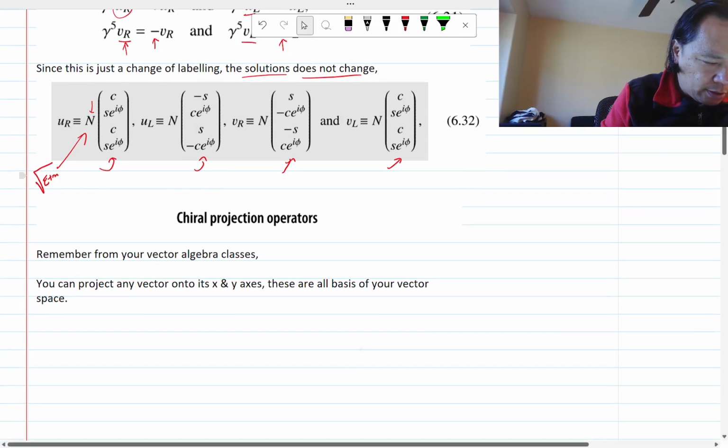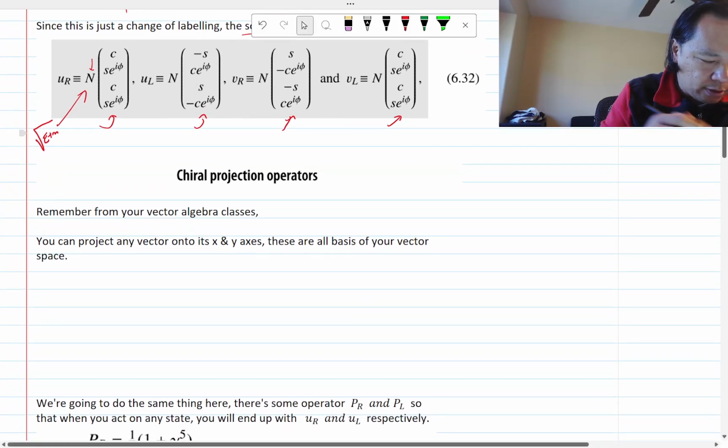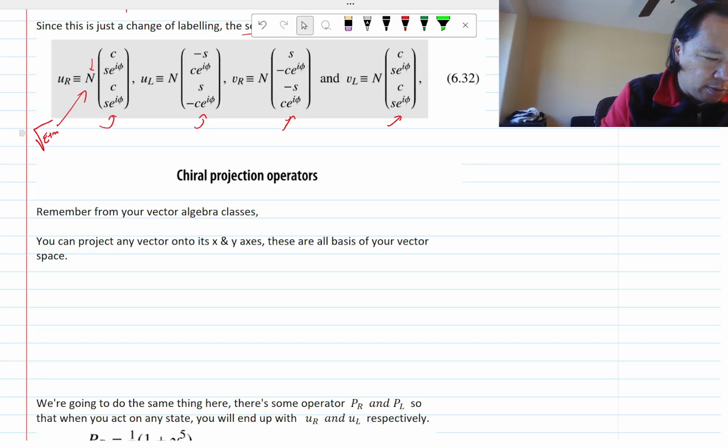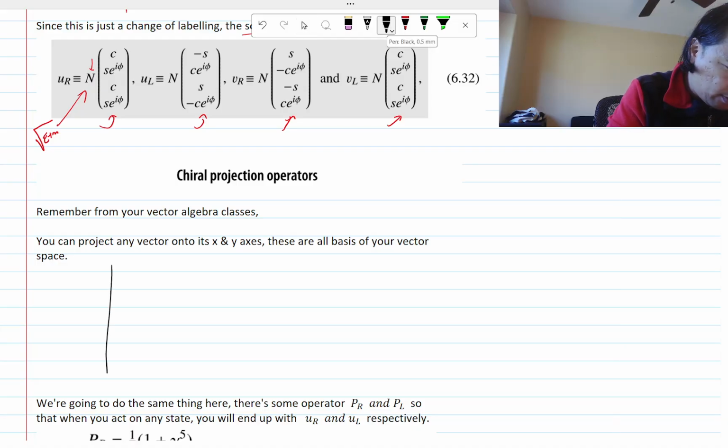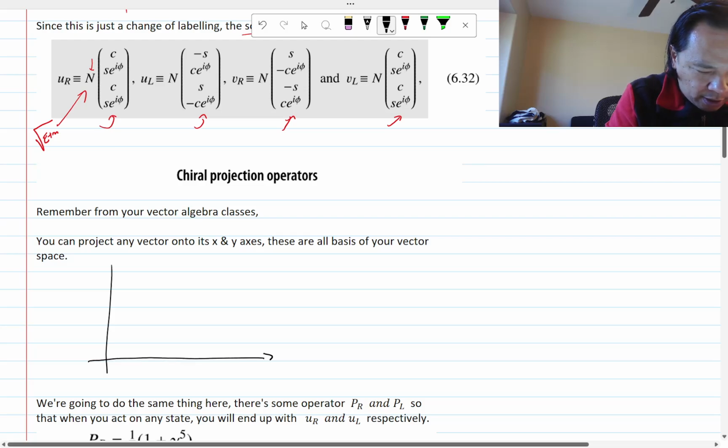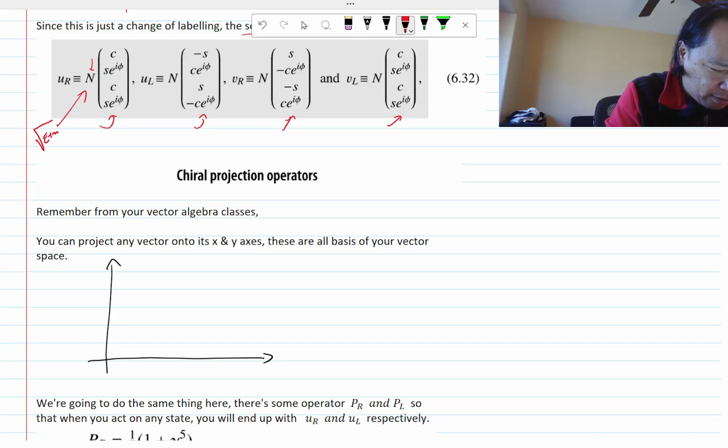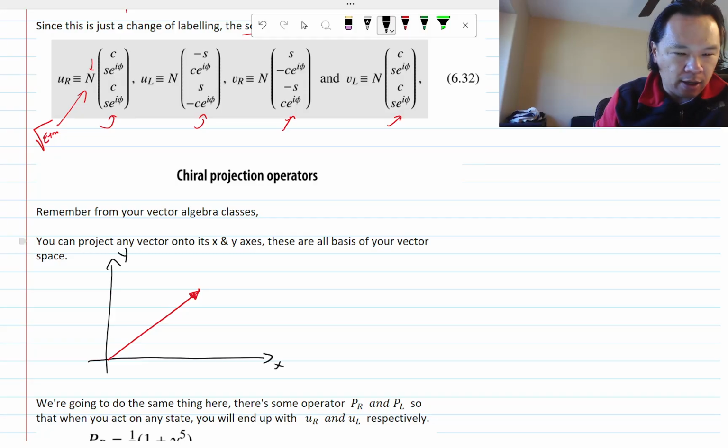Okay. So just to remind you, just to connect this to an analogy, so this is kind of silly, right? Remember that when you have a vector in your algebra class, and now I mean algebra as in the non-abstract algebra, we have some vector here. We call this the x-axis, we call this the y-axis.